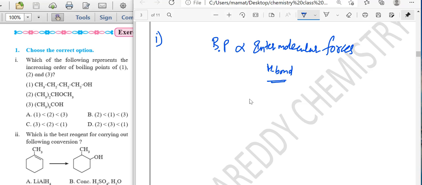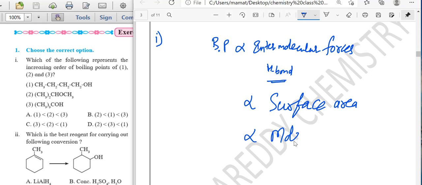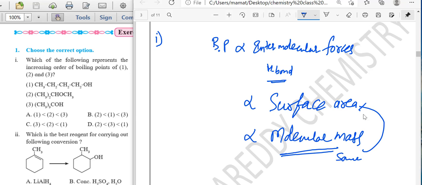Then it is also directly proportional to surface area, as well as molecular mass. If molecular mass is same, then next we have to see surface area. Hydrogen bond is the first preference, then molecular mass is second preference, then surface area third preference. This is the preference.